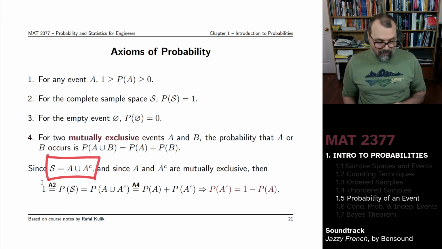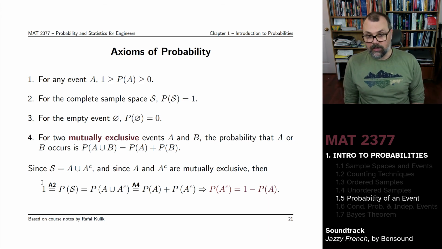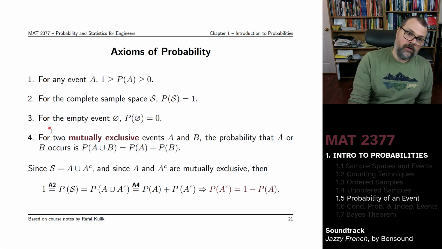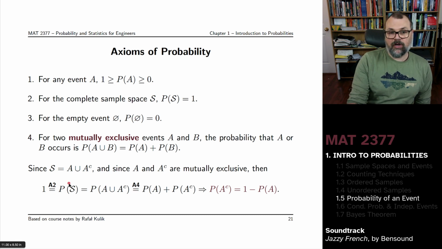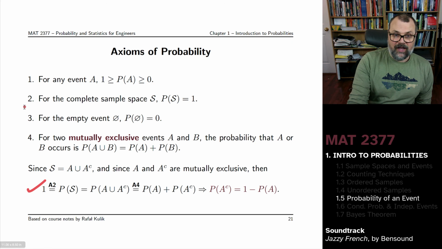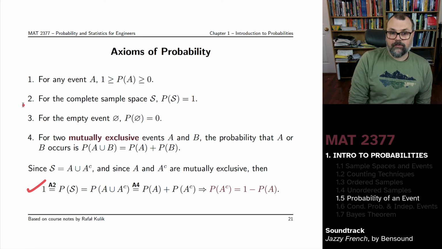A and A complement are mutually exclusive, and so when you compute the probability of A union A complement, on the one hand this is the probability of the full sample space S, so that probability is 1, and that's from the second axiom.